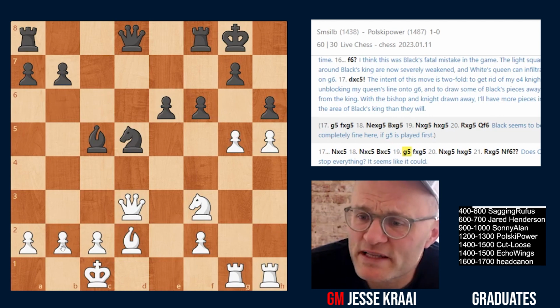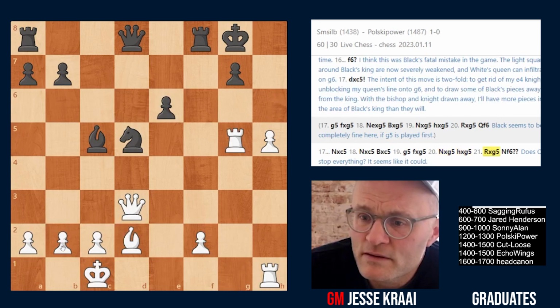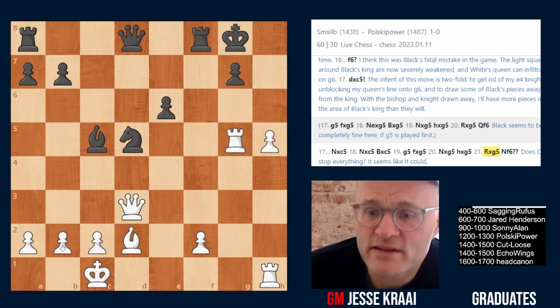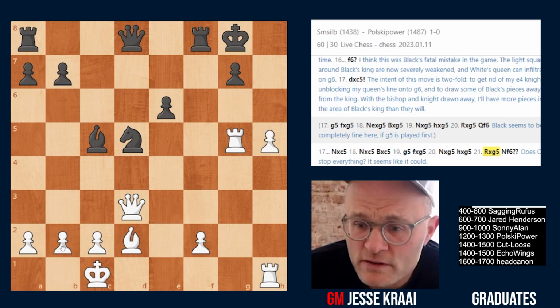I don't know if I believe in this g5 move, because now you're activating the rook on f8, and you're going ballistic on this. Yeah, and I think you're toast here. Yeah, I think it's all over. Now, does queen f6 do it? It looks good. Queen f6 looks good.